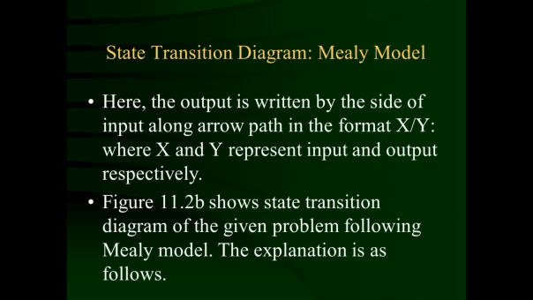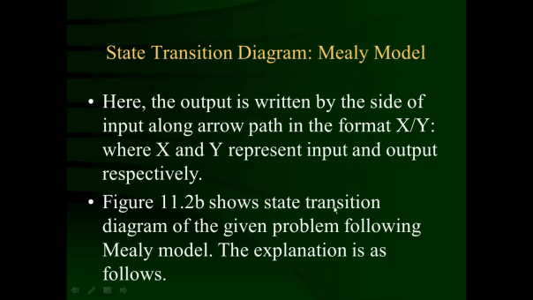And the input is the capital X and the output is the capital Y, that is X oblique capital Y is represented along the arrow path. So this way it is different from the Moore model. Remember, in the Moore model the format inside the circle was S oblique Y. S stands for the state and Y stands for the output, and the input was along the path.